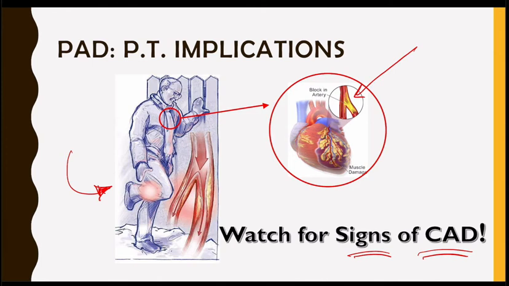So if you have atherosclerosis anywhere, you have atherosclerosis everywhere. It's just a matter of to what degree. So take it as a kind of gift that you're given this morning, and take it very seriously and be vigilant for evidence that they are beginning to have cardiac symptoms.